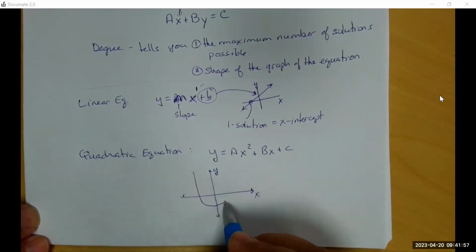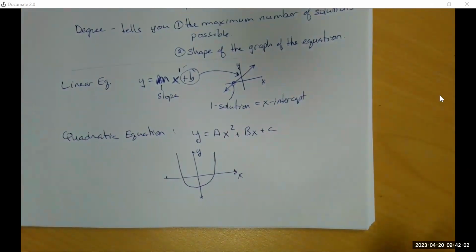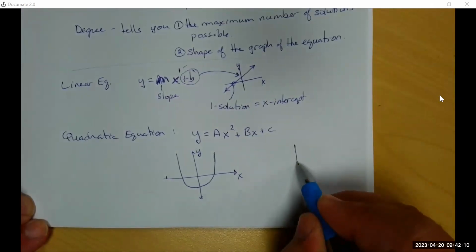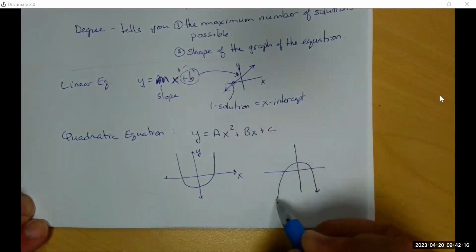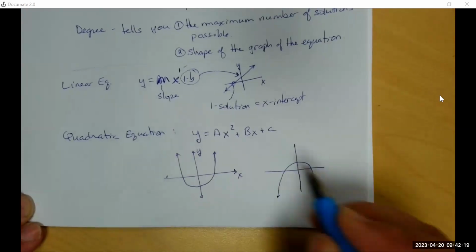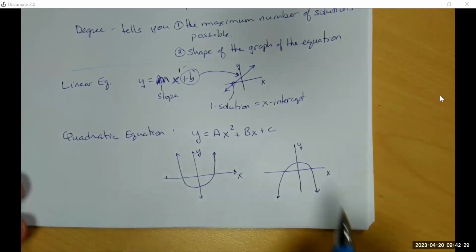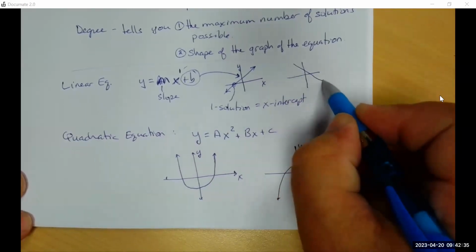Quadratic looks something like this, or it could look something like this. Y-axis, that's x-axis. Okay, similarly, a linear equation can also look like that.